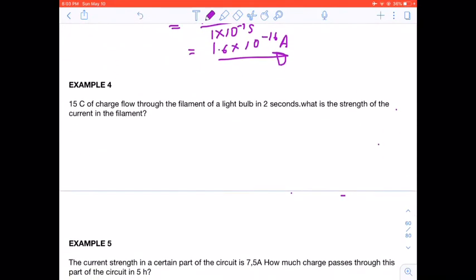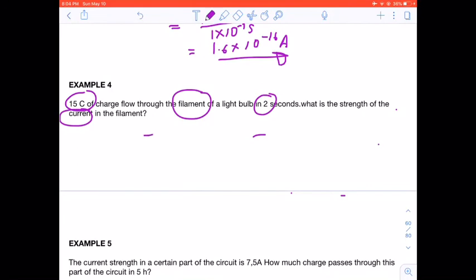Right, now we have 15 coulombs of charge flowing through a filament of a light bulb in 2 seconds. What is the strength of the current?